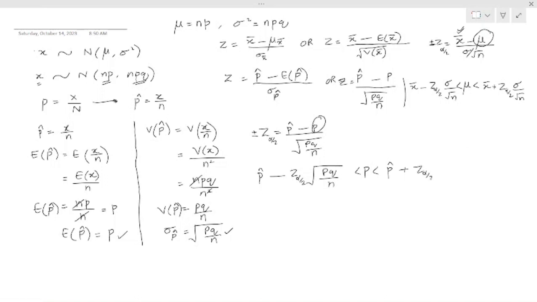Similarly over here, same thing. Now this formula is partly structured.